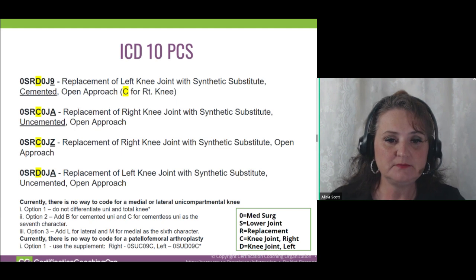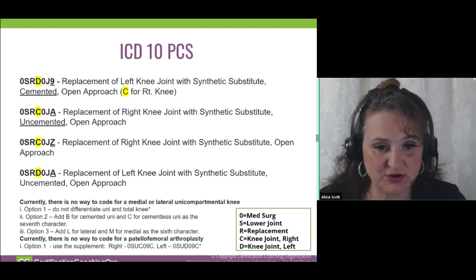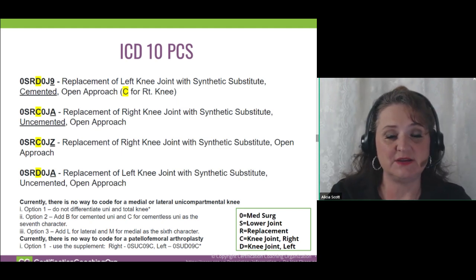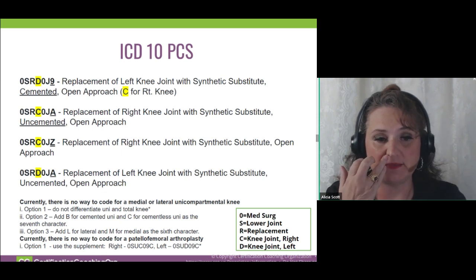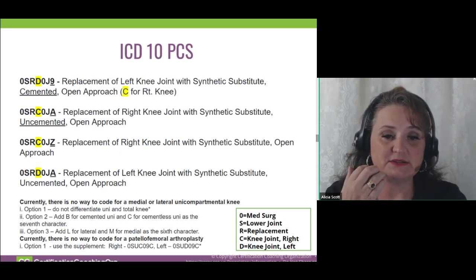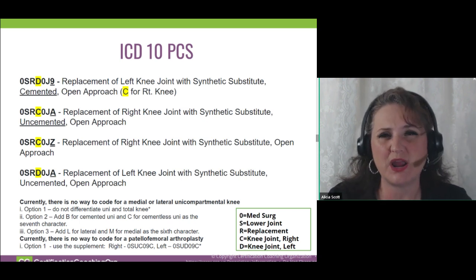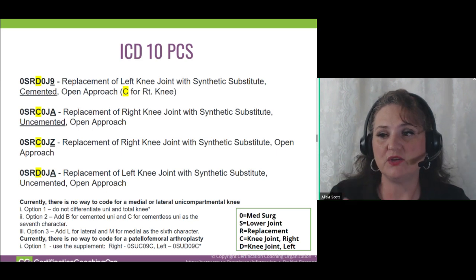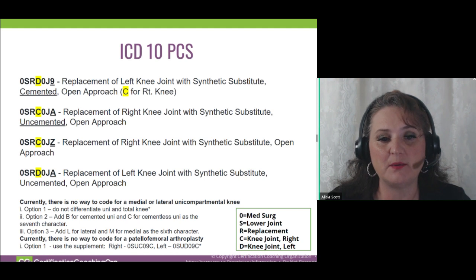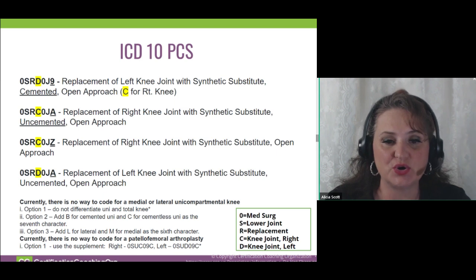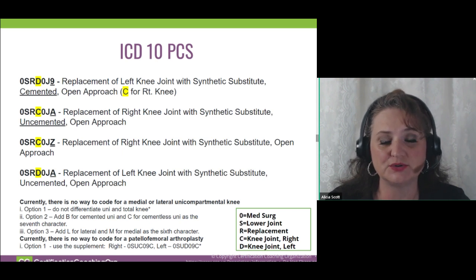So simple. Now, I also wanted to reiterate, because I found this information that's in this lower, smaller text, is also in the resources, because it was a great outline of working through the process. It said, currently there's no way to code for medial or lateral unicompartmental knees. So it says option 1, do not differentiate from unilateral or total knee.